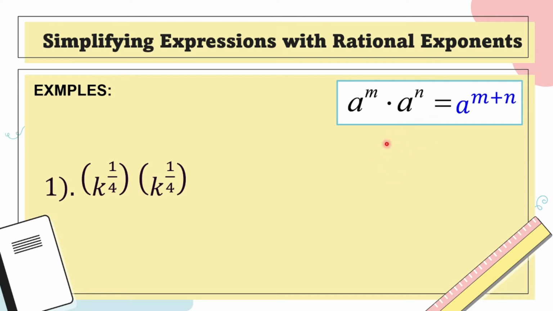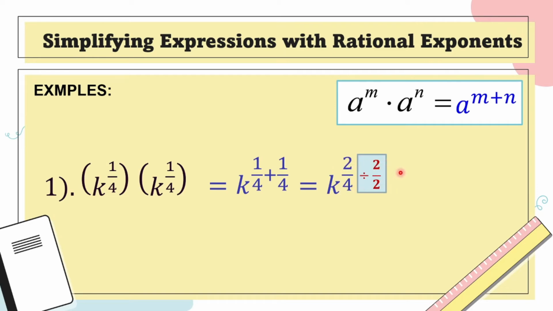So applying this law of exponent dito sa ating example, makukuha natin ang k raised to 1/4 plus 1/4. Kanina pinag-aralan natin kung paano mag-add ng fraction, so i-apply natin ngayon dito. So, the answer is k raised to 2/4. Okay, so 1 plus 1, that is 2. Then, copy the denominator. Then, kung mapapansin, we can simplify this fraction, 2/4, by, very good, by dividing numerator and denominator by 2.